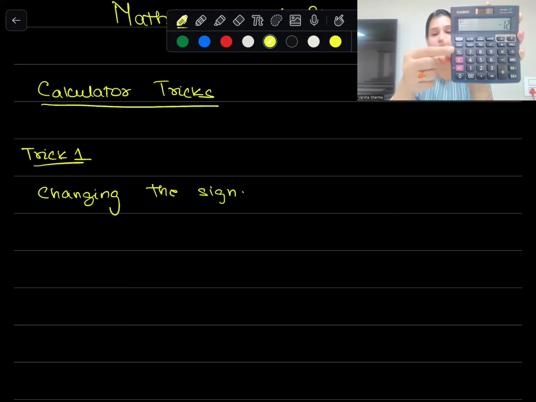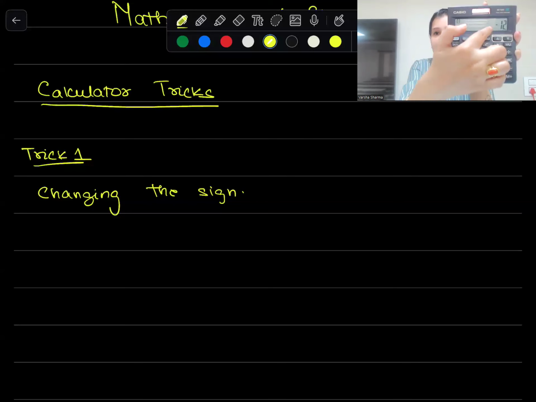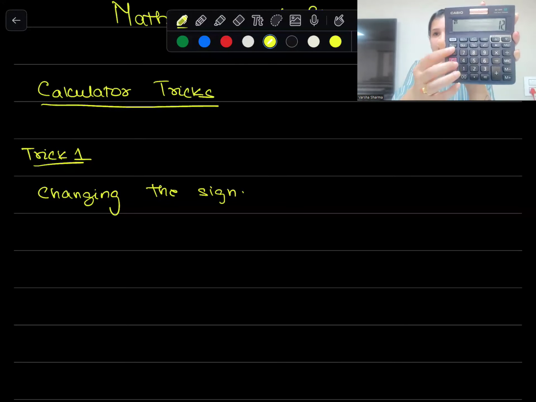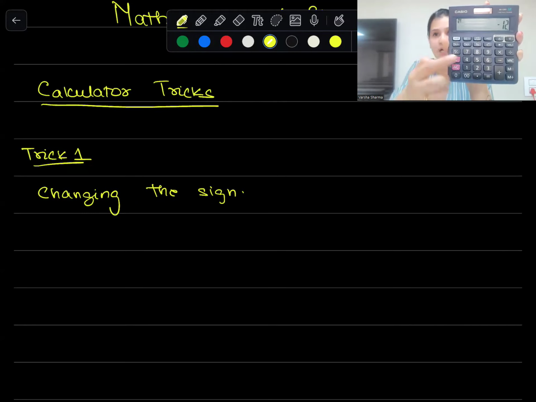The job of this particular tab is to change the sign of whatever is displayed on the screen. If it's a negative number, when I press it, you see it becomes positive. If I press it again, it becomes negative. So this option helps you change the sign of the number displayed on the screen.